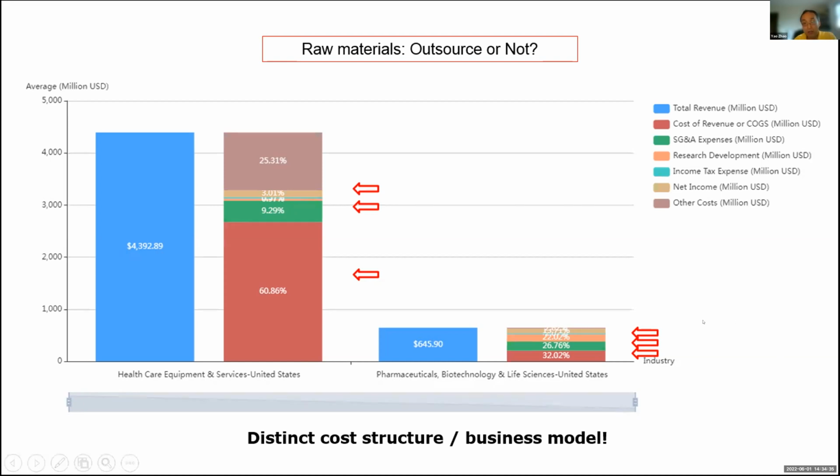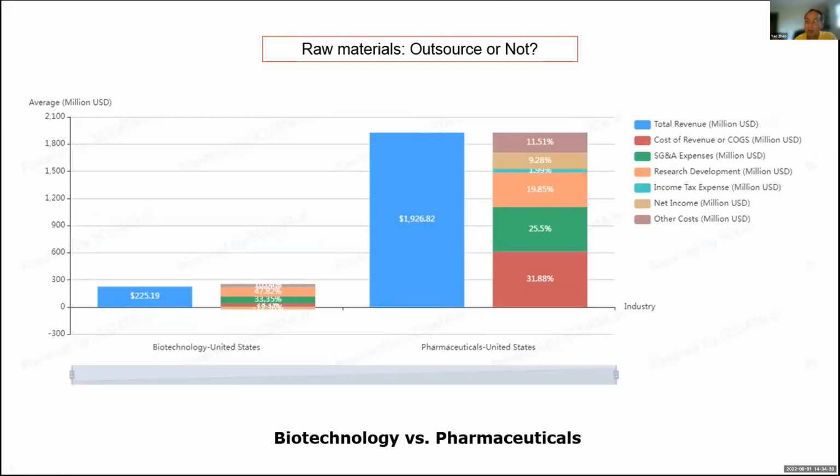Now this insight is even more evident if you dive into the pharmaceutical industry to look at biotech versus pharmaceuticals. For biotech, the cost of goods sold is only 18% of the total revenue, while the sales, general, and administrative is 33%.